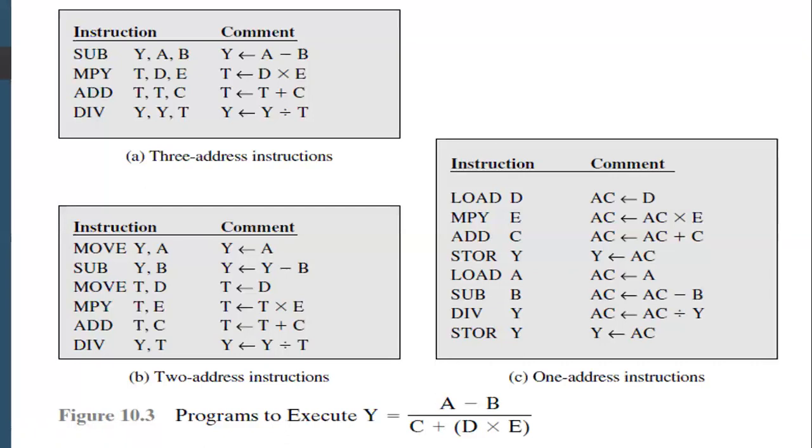It should have at least 5 quantities, a minimum of 5 to 6 quantities, and at least 4 operations. Take any polynomial you want and write programs by using one address instructions, two address instructions, and three address instructions.